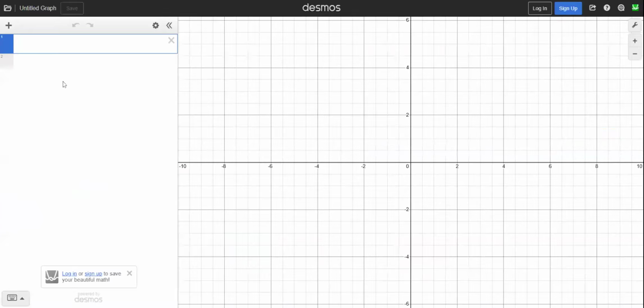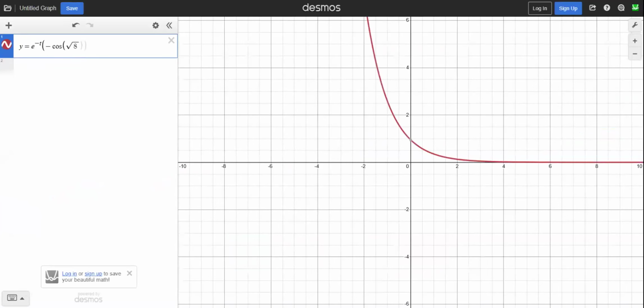Okay, so what would this be? It was y equals, can somebody tell me about it a little bit? Y equals what? Okay, e to the -t. e negative t, and then times negative cosine of square root of 8, and the t's outside the radical.